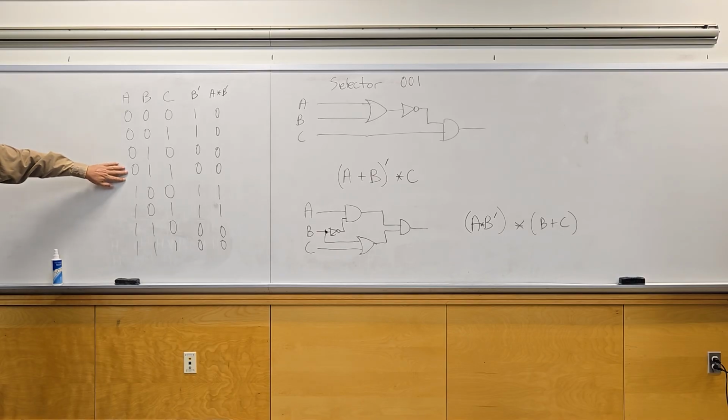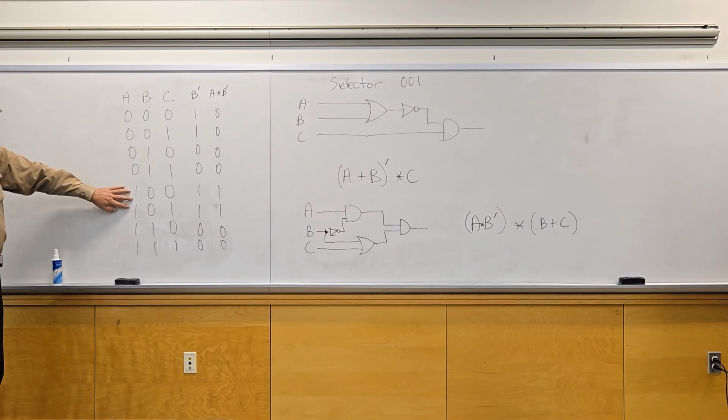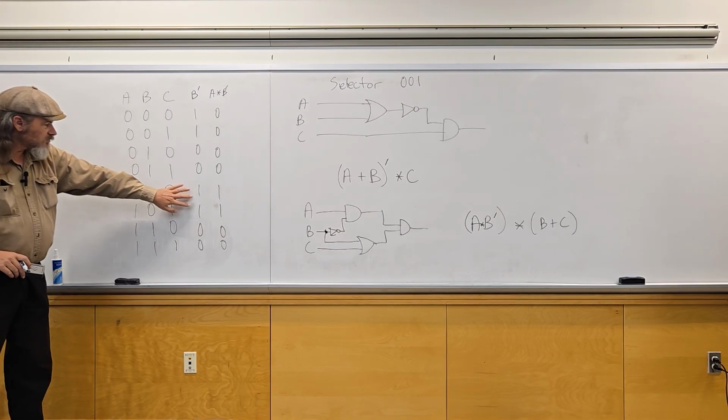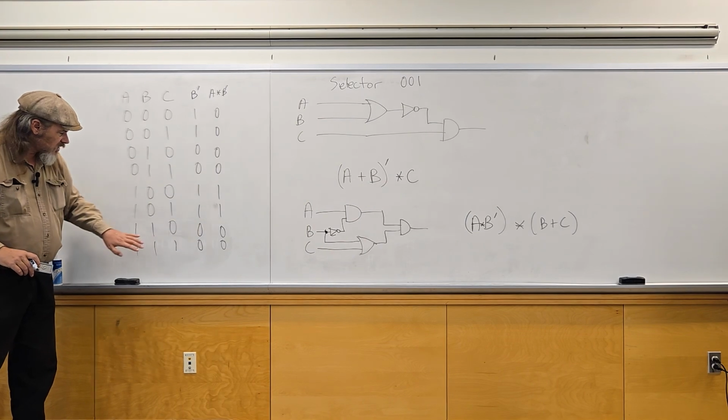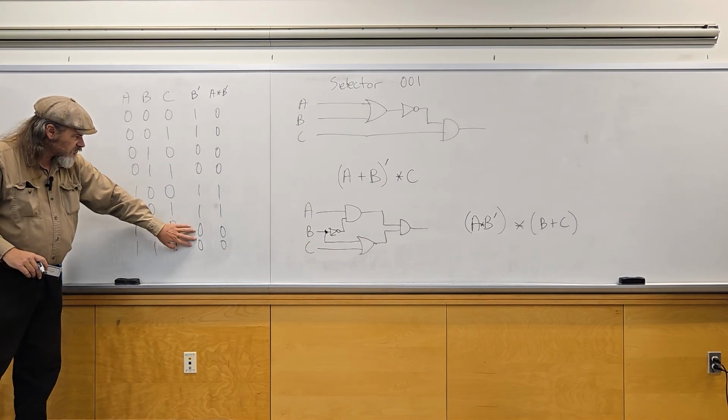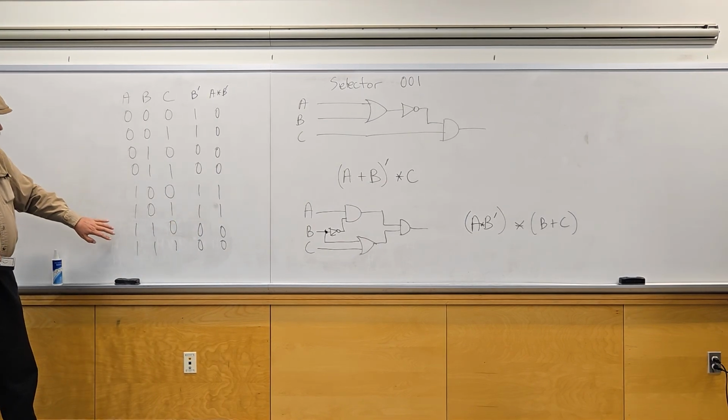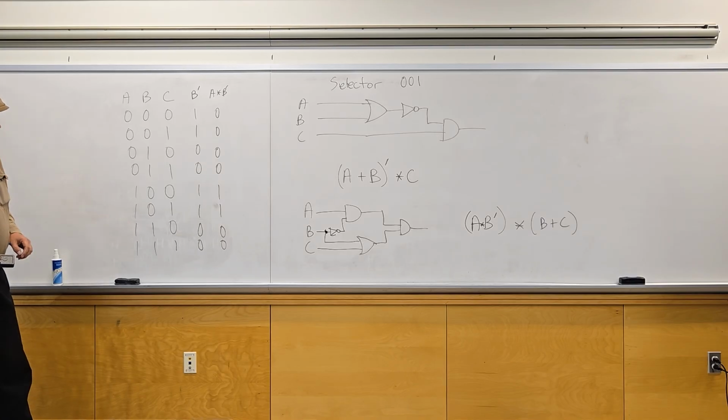Zeros because the A's are all zeros here. And 0 ANDed with anything is going to be 0. These two, the A is 1 and the B is 1, so those are 1. And now the B's are 0, B primes are 0, and A is 1. So that's that.